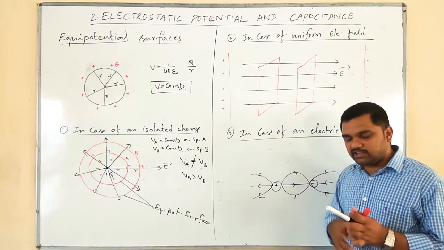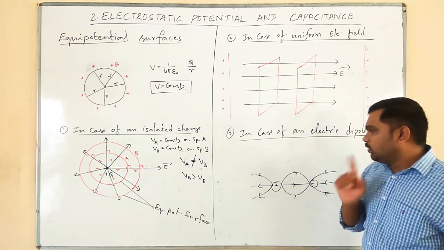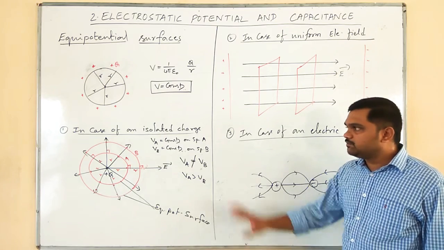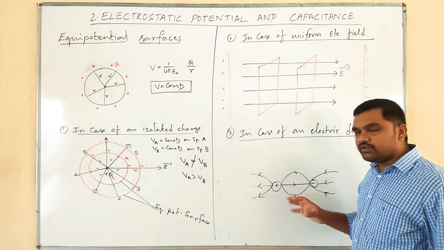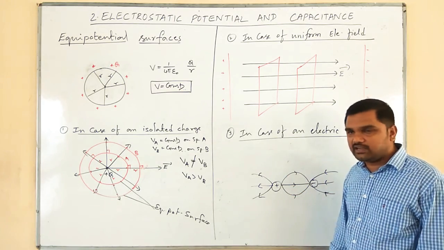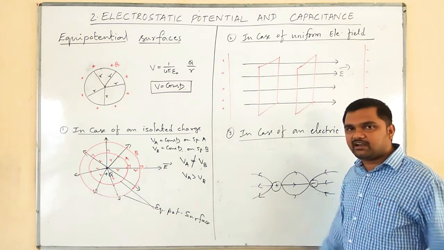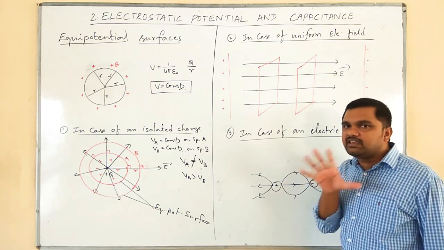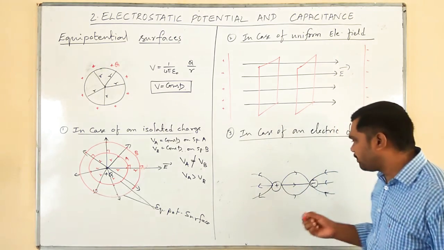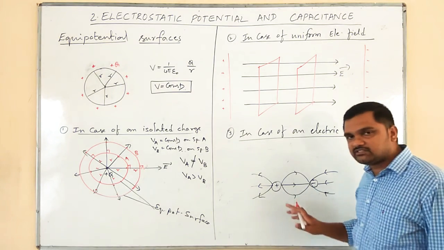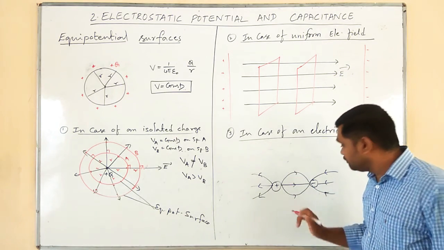Now, these are the electric field lines. See, one thing we have to keep in mind: according to the property of equipotential surfaces, they are very close at strong electric field and well separated or farther apart at weak electric field. As per that property, between these two charges the electric field is more.